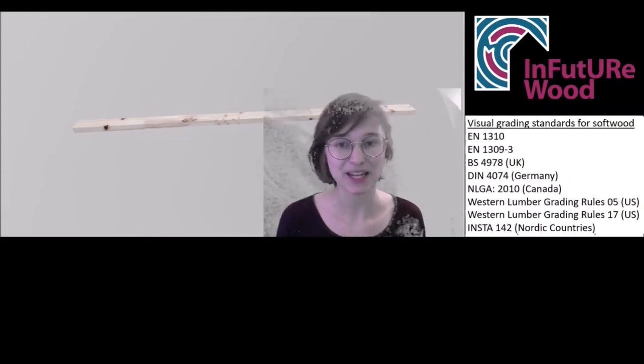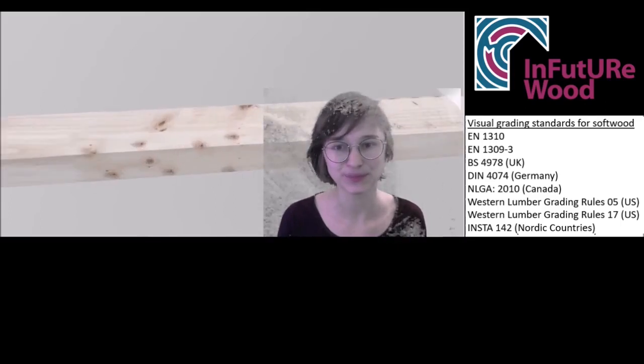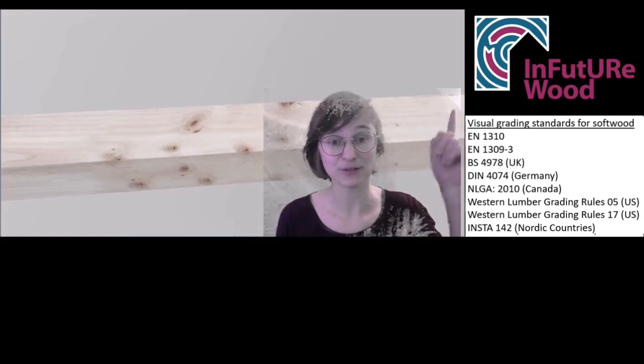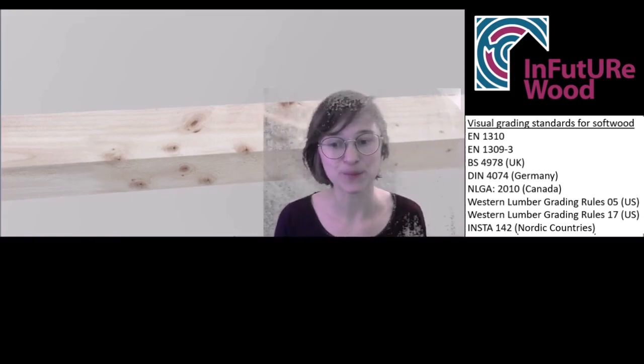Here I am, a little ghosty in front of our example beam. Let's have a little closer look at the knots. Let's say this is our face 1, and here in the middle we have our knot number 1.